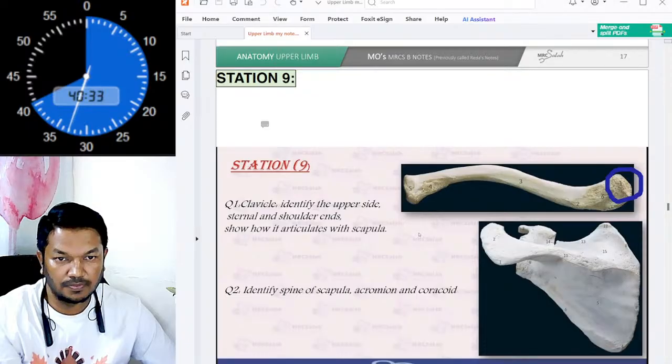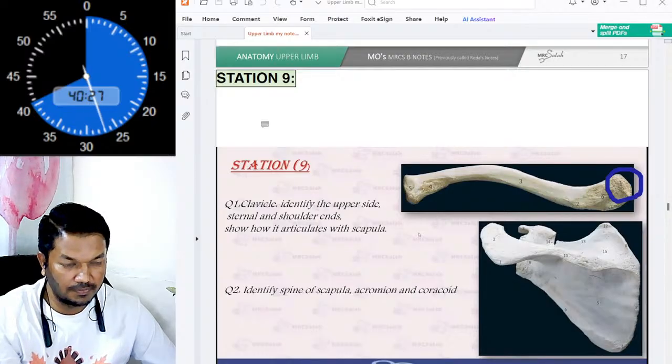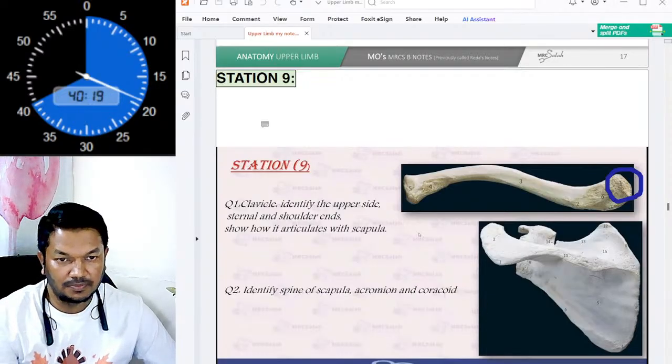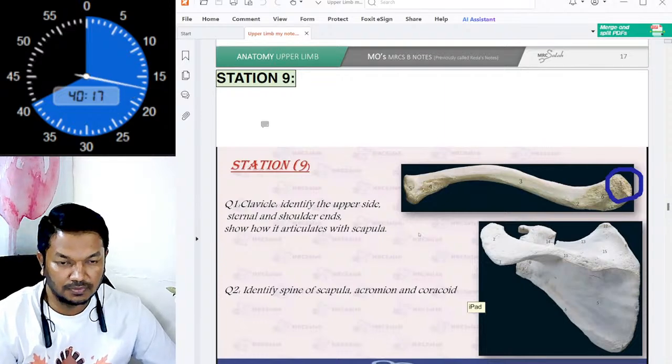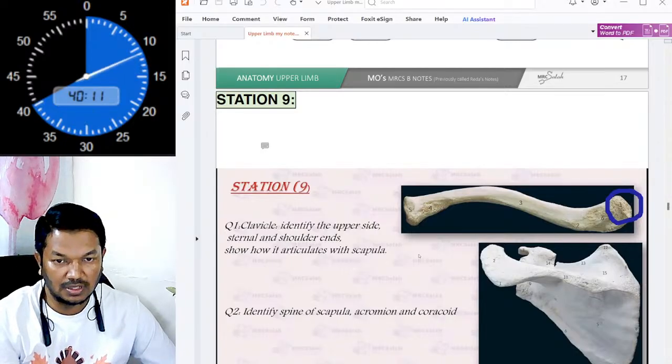Yeah, it's the clavicle. It's the lower surface because there is a subclavius groove. The medial end is the sternal end.